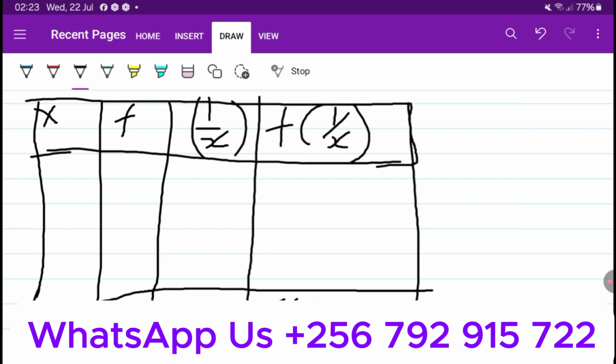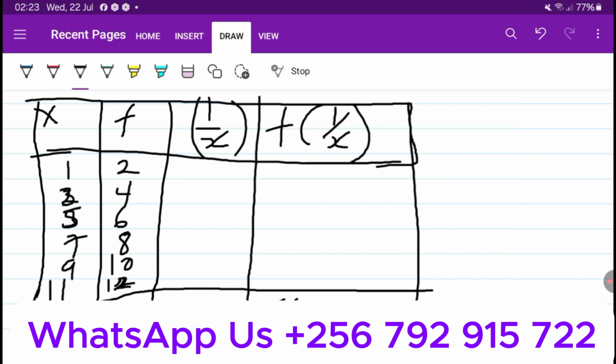You can try to put in values, let's say 1, 3, 5, 7, 9, maybe 11. Then the frequency you can put in maybe 2, 4, 6, 8, 10, 12, the last one.